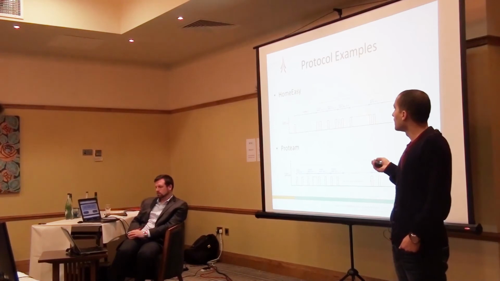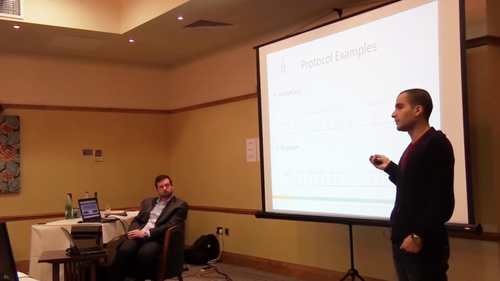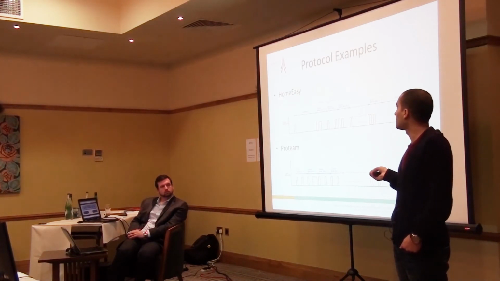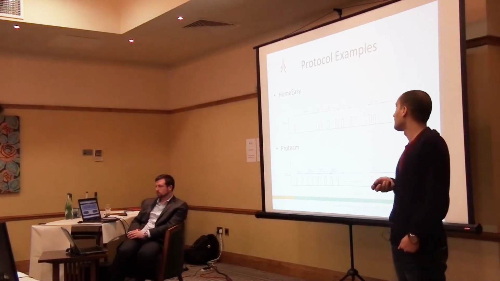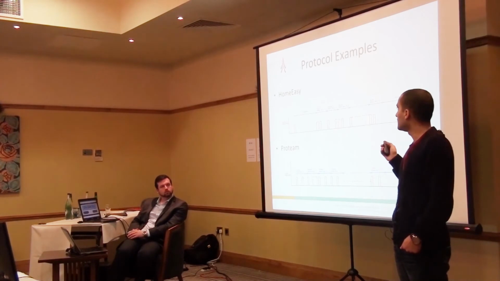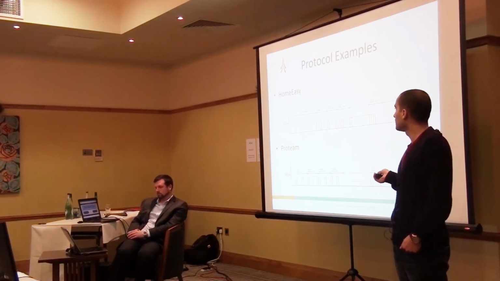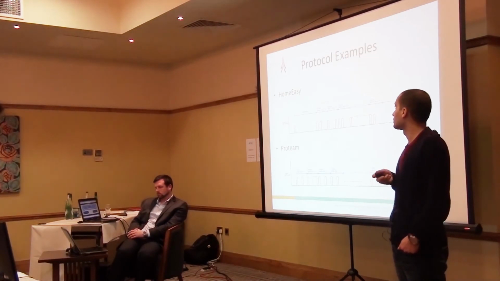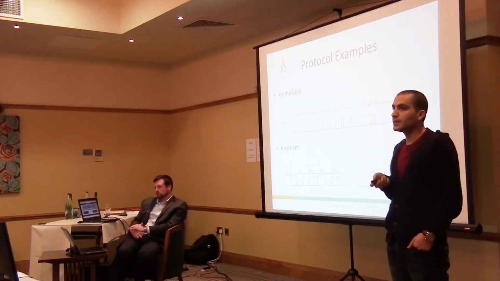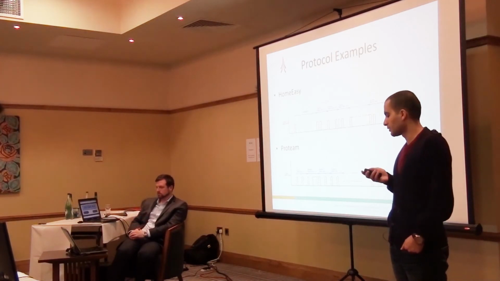For example, to send a packet with the HomeEasy protocol, you need to send the preamble first, but you don't need it in the ProTeam protocol. And representing bit 0 and bit 1 is different between these protocols. So our jamming device should have different rules for different protocols.